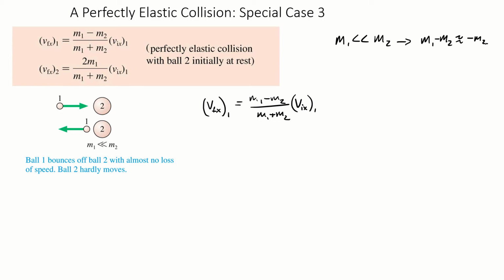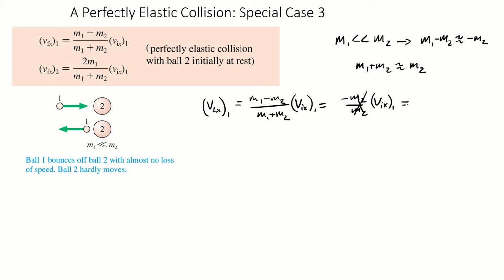If I have 10 grams and I subtract 10 kilograms, I essentially get negative 10 kilograms. Similarly, we also have that m1 plus m2 is essentially just m2, right? 10 grams plus 10 kilograms gives me about 10 kilograms. So if I do that, this equation becomes negative m2 over m2 times the initial x velocity times 1.